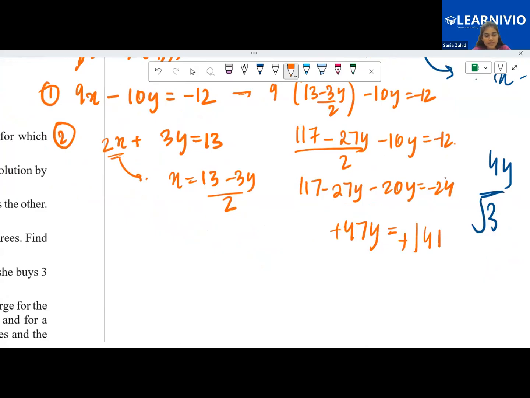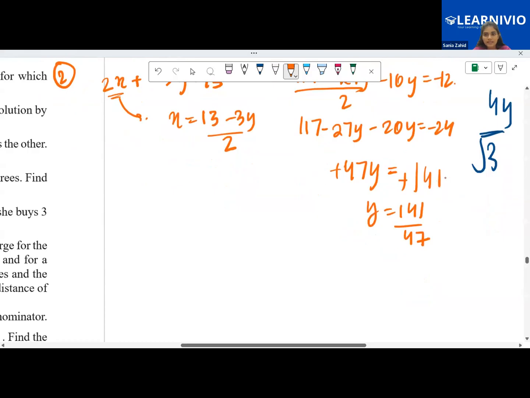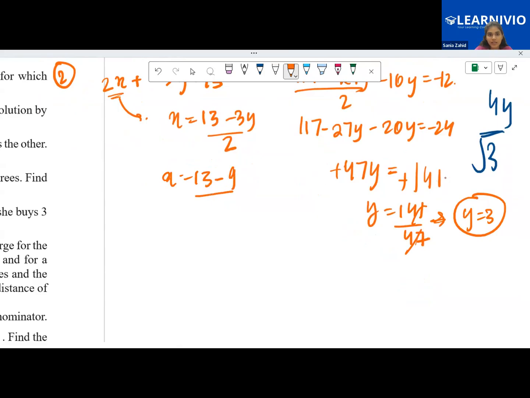This minus and minus sign cancel. y is equal to 141/47. This is, I guess, 3. Yes, this is 3. So y is 3. Now x will be equal to (13 minus 9)/2, 4 by 2.